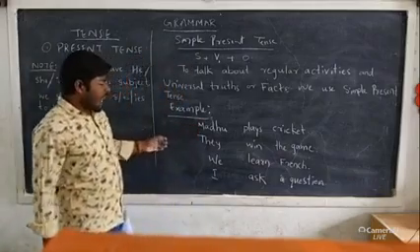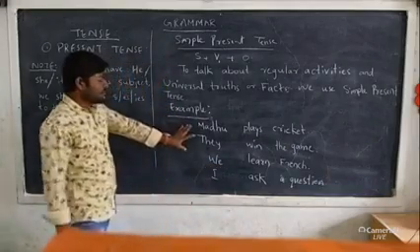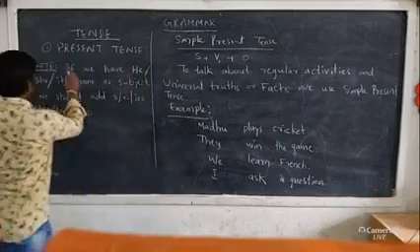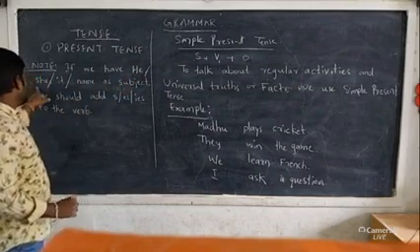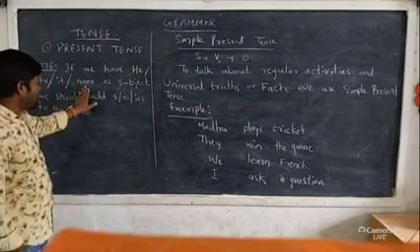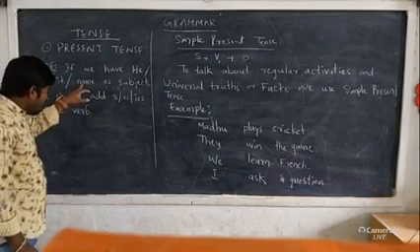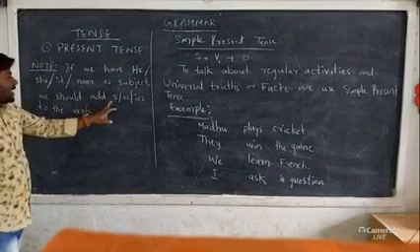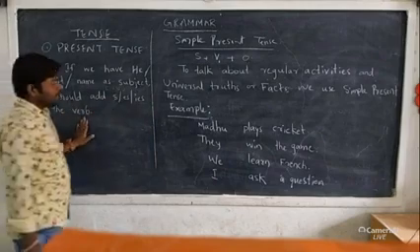What will come? I, he, you, they, she, it, this, that, these, those. These things will come in the place of the subject. Here we should remember the note: if we get he, she, it, or they, from these four, whatever we get as subject, other than I, we should add s or es or ies to the verb.